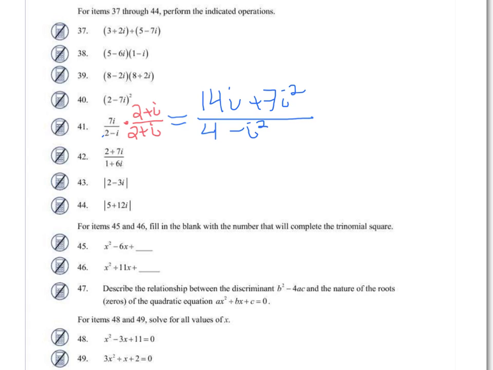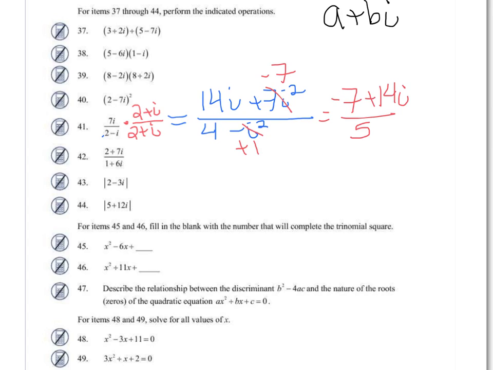Now we have to simplify. i squareds are negative 1. So the denominator is 5, and the numerator is negative 7 plus 14i. Now to write a complex number in standard form, it needs to be a plus bi. So I'm going to take this fraction and make it clear what a and b are for my final answer.